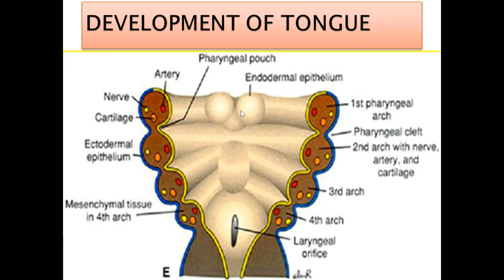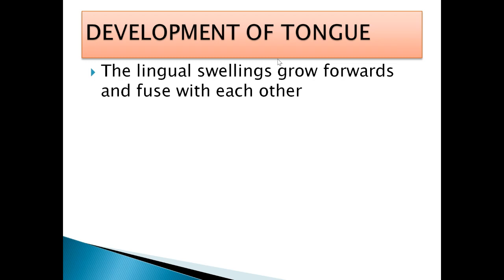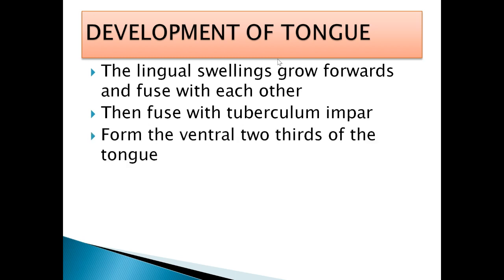This is mostly bilateral in development. As I have told already, the lingual swellings grow forwards, fuse with each other, then fuse with the tuberculum impar and form the ventral 2/3 of the tongue.